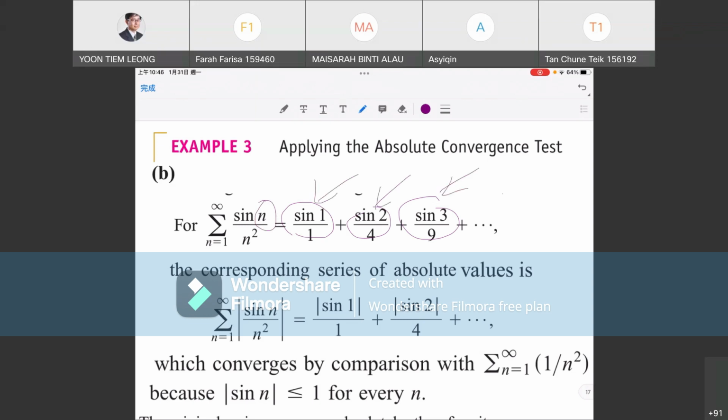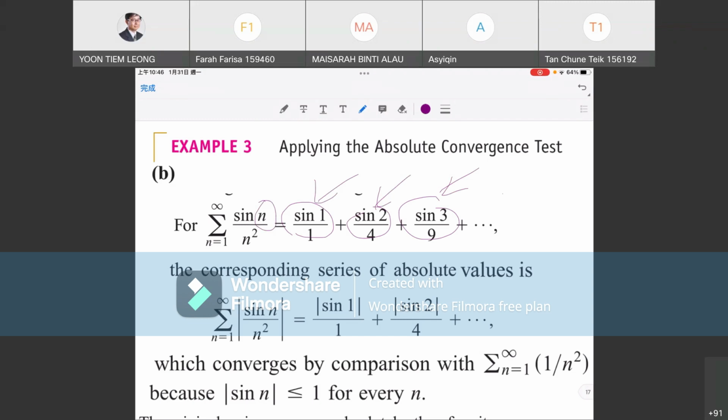So anyway, this series is an alternating series, just that it is not a regularly alternating series, because the sign may not change regularly from one term to another. You can plot out the graph and see it for yourself.